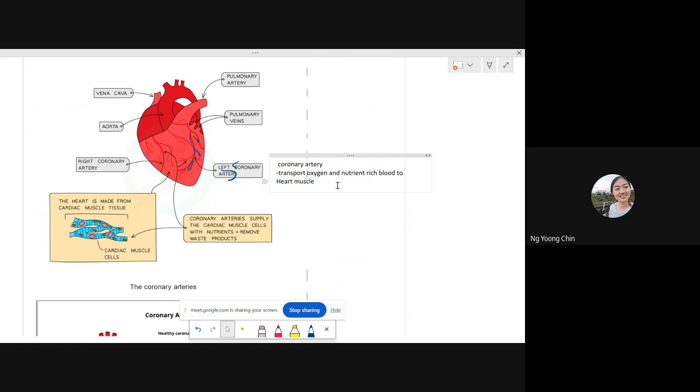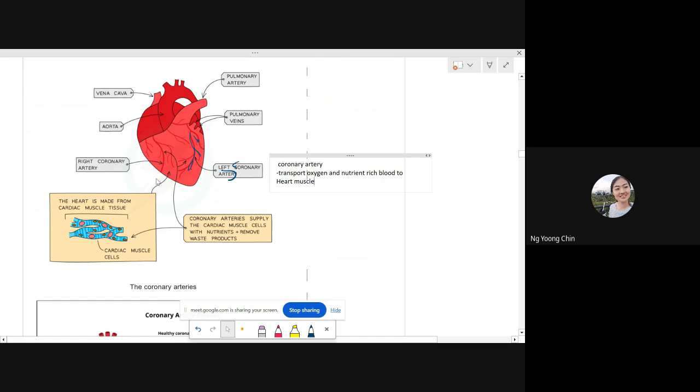So it means that if any waste material accumulates within your artery lumens, it will cause a blockage within the artery. Yeah. So you can imagine that your whole heart is actually a kind of effector, because it is made from muscle tissue only. Even though the muscle tissue is very special, only cardiac muscle.